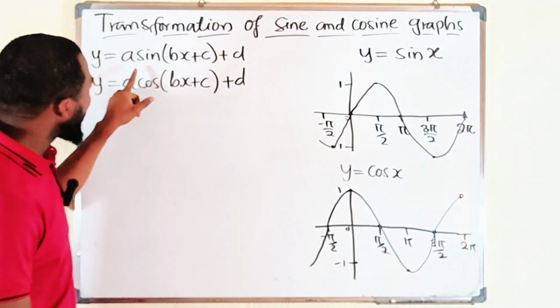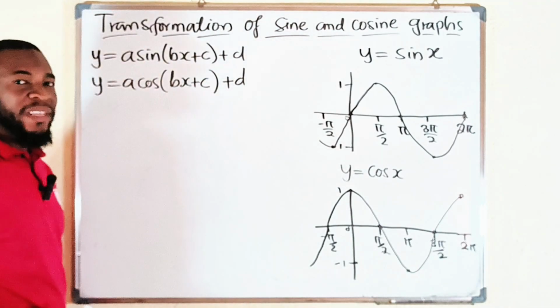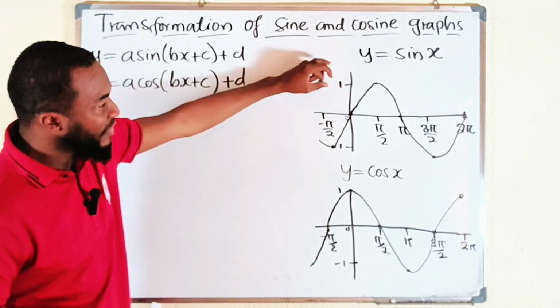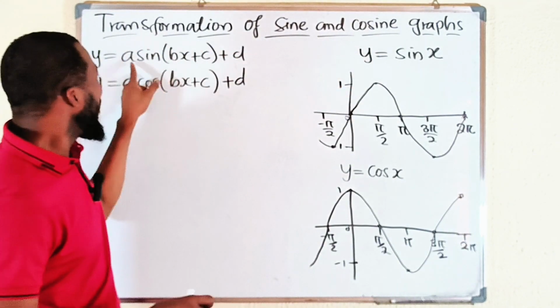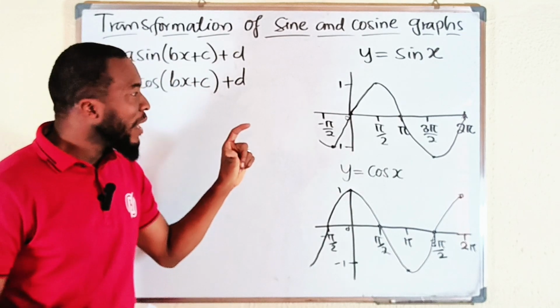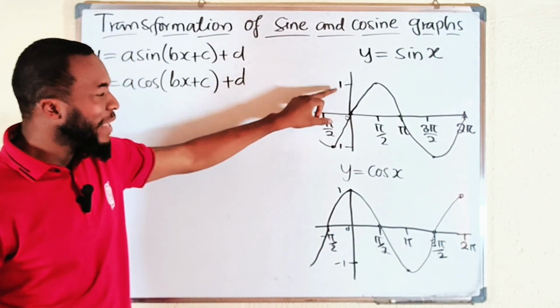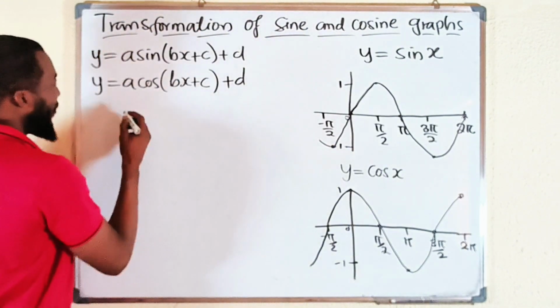Yes? Let me explain this a, b, c, and d. A here is called the amplitude. Remember, the mother function has its amplitude from -1 to 1. So if this a is any other number other than 1, you have to multiply these numbers by that a. And your amplitude is always the absolute value of a.